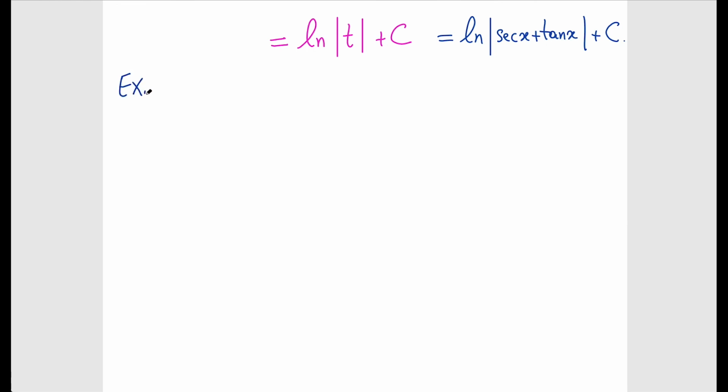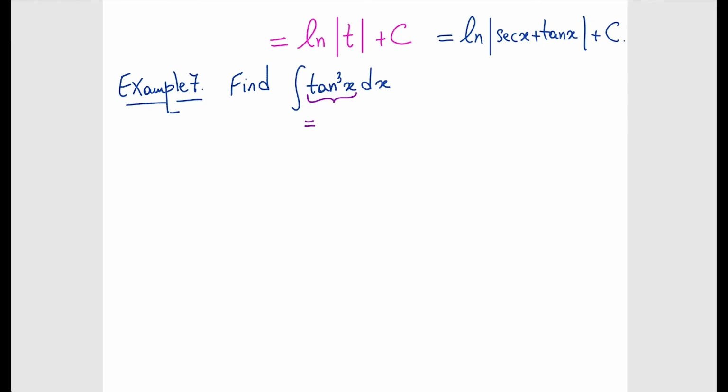So let's consider example 7, and let's evaluate the integral of tangent cubed x dx. Okay, so here we only have tangent, we don't have sec, but we know this relationship between sec and tan, right?